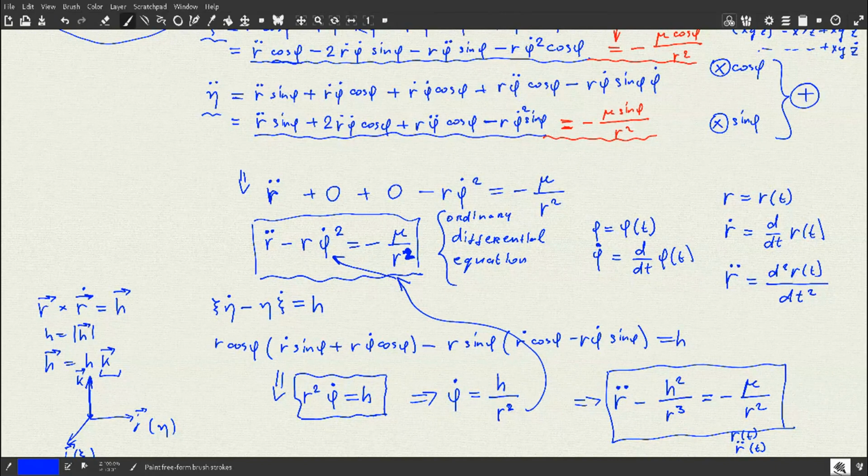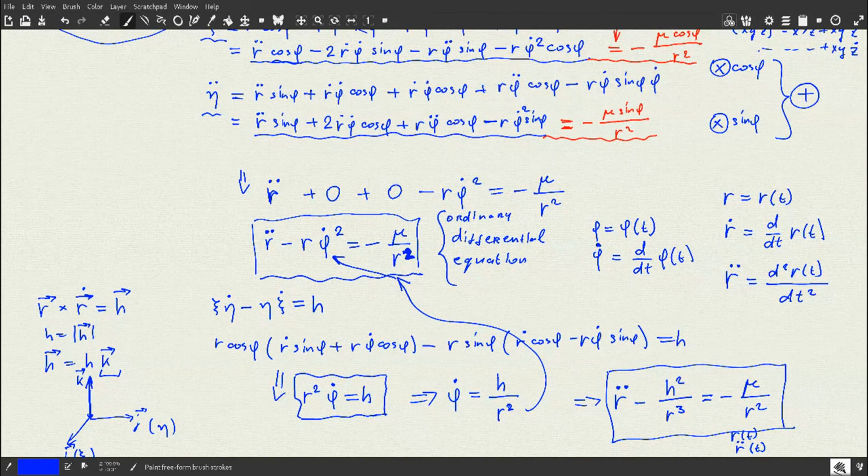So we can really solve it and obtain the explicit function r of t, which follows from this equation. The only problem is solving this equation. First of all, it's something which we didn't study yet, and secondly, even if we did, it is very, very tedious to do in this original form.